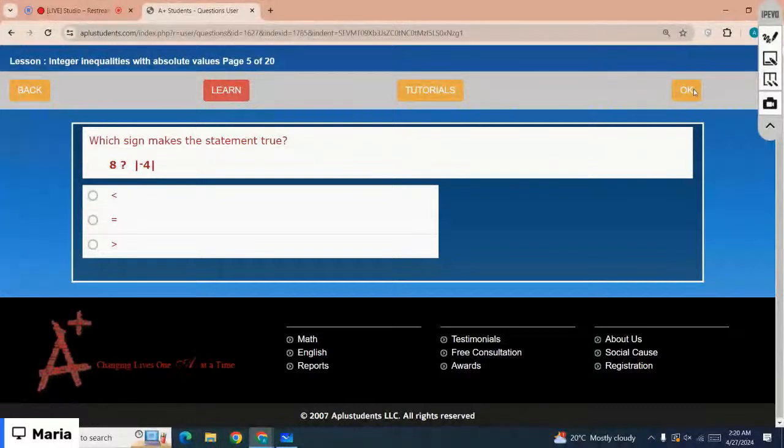8 is less than 4, right? Because the absolute value of negative 4 is 4, so 8 is then less than 4.